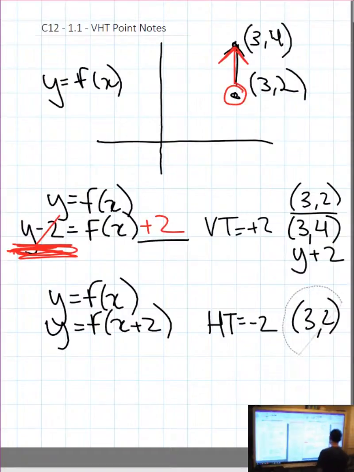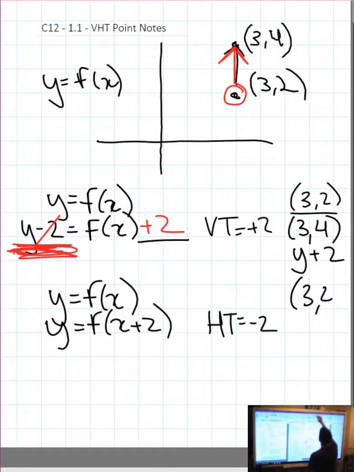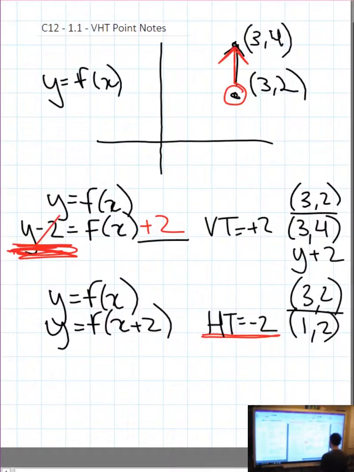excuse me, I'm trying to make this incredibly perfect with respect to tables, and that's how we should be doing it every time. Writing the point down off to the left, exactly writing what we want to do, and then doing it. So if I want to do a horizontal translation to the left 2, it means I'm going to be taking the x values and subtracting 2 from them, and 3 minus 2 is 1, and the y value stays.